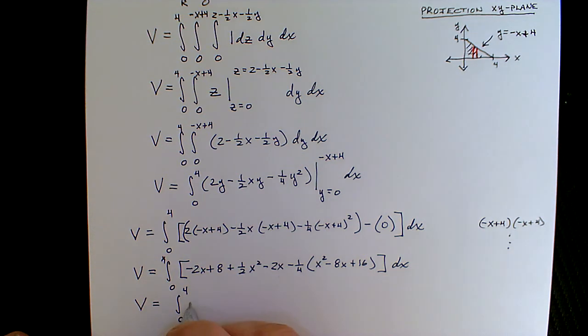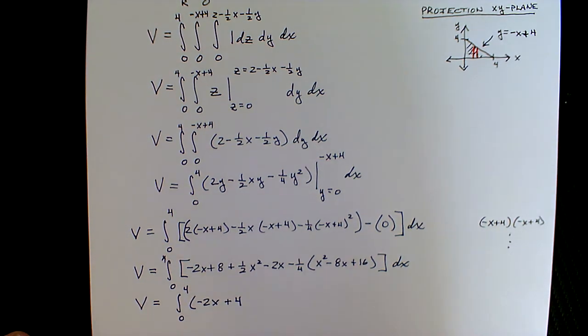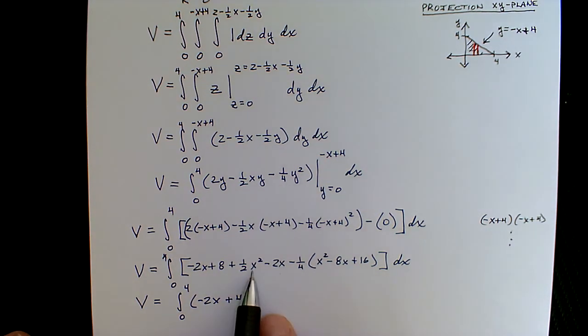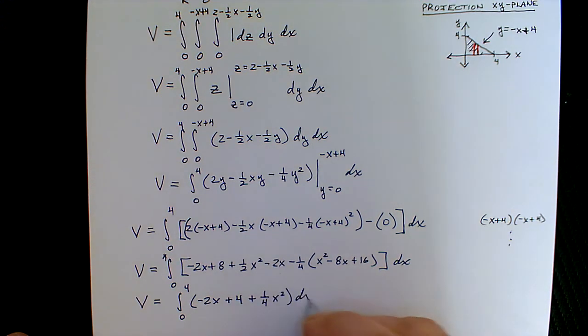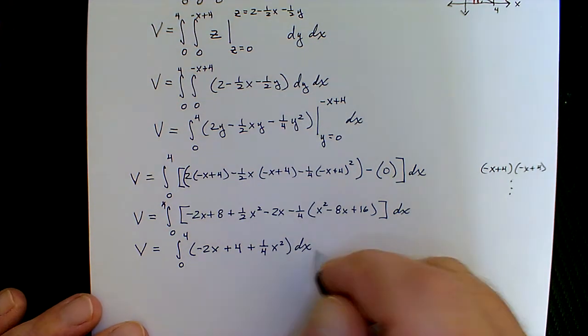We got 8, and then minus 1/4 times 16 is negative 4, so 8 minus 4 is plus 4, and then we have 1/2 x squared minus 1/4 x squared, which gives us plus 1/4 x squared, and that's with respect to x. So a little bit of algebra, and now finally integrating with respect to x.